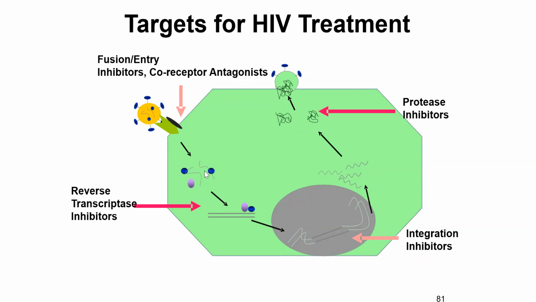We have drugs which stop that process; those are called reverse transcriptase inhibitors. Then we have drugs that act at integration, and these are called integrase inhibitors. Remember, these drugs act on enzymes. Then we have protease inhibitors, which target the protease enzyme.